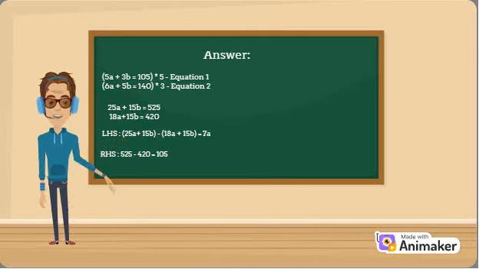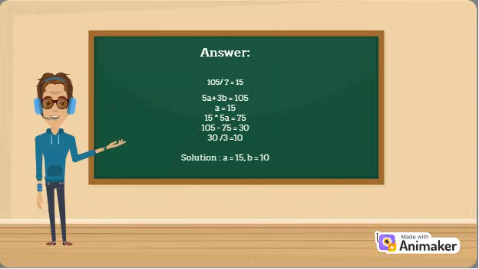In the left hand side, you will get 7a, and in the right hand side, you will get 105. Now, to finish this equation off, we need to divide 105 by 7. From this, we will get 15. The value of A is 15.